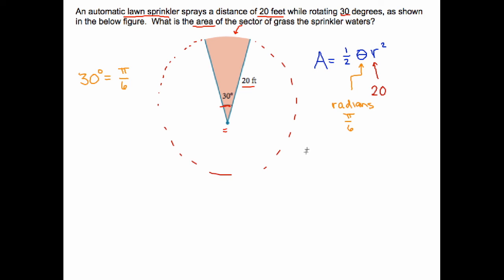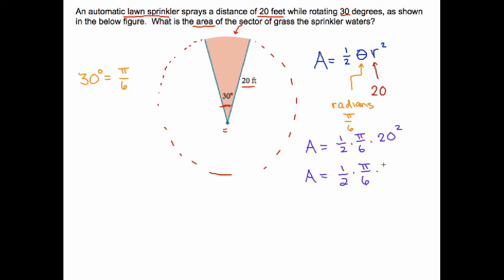So making that substitution, I have the area is equal to 1/2 times the measure, that's central angle, which is pi over 6, times 20 squared, r squared. And I want to keep the answer exact, so I'm going to rewrite this line as 1/2 times pi over 6. I don't want to change the value of pi to 3.14. I would like the answer exact.